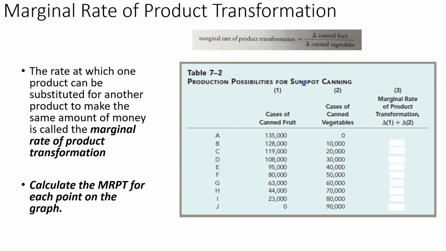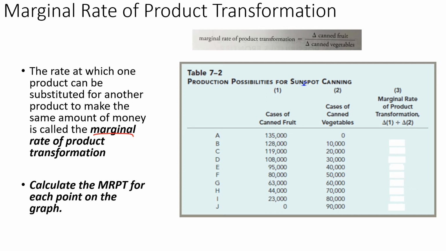We can calculate the marginal rate of transformation, which is similar to the marginal rate of technical substitution that we calculated earlier in the chapter, to find out basically how many cans of fruit we would have to give up producing in order to produce 1 can of vegetables, and vice versa. How many cans of vegetables would we have to give up in order to produce 1 can of fruit?